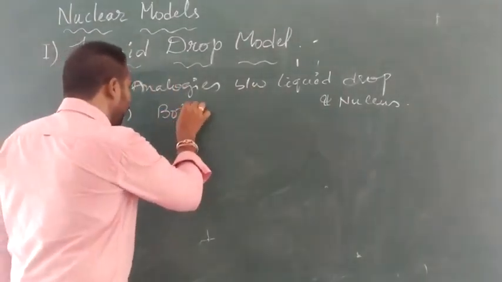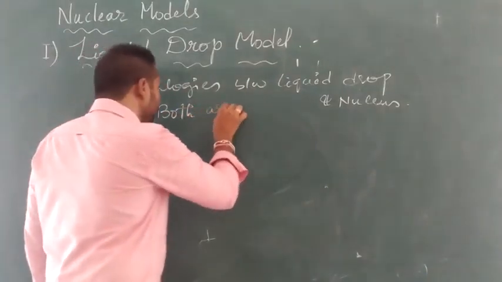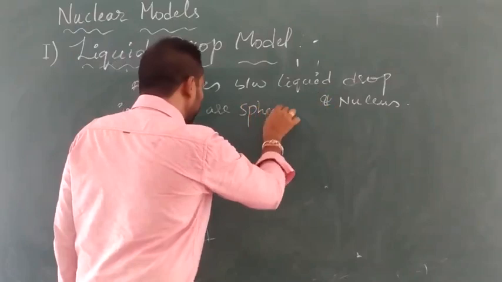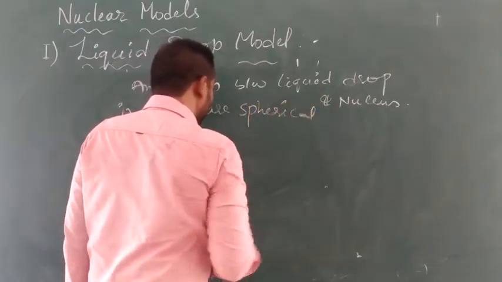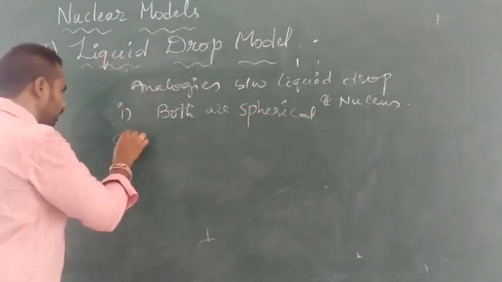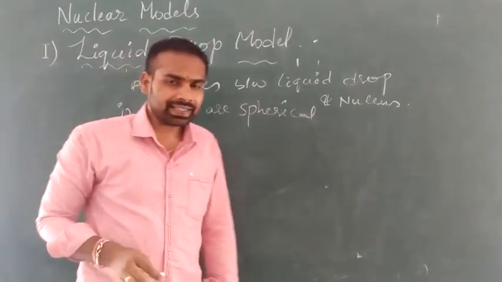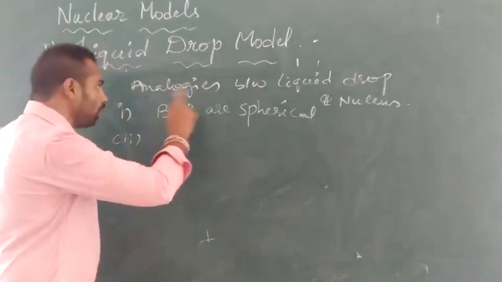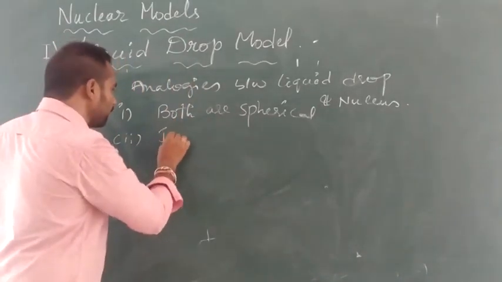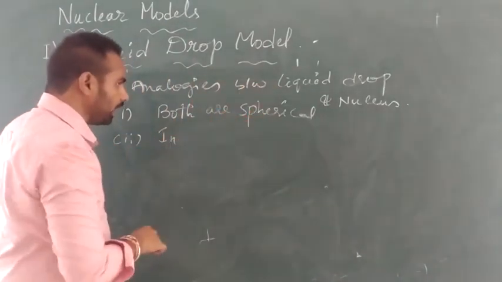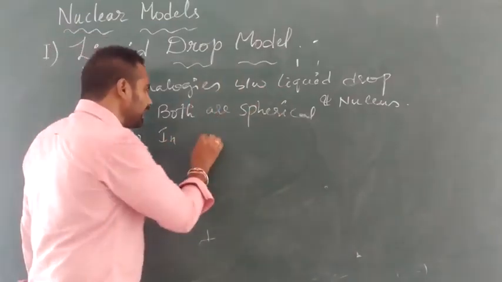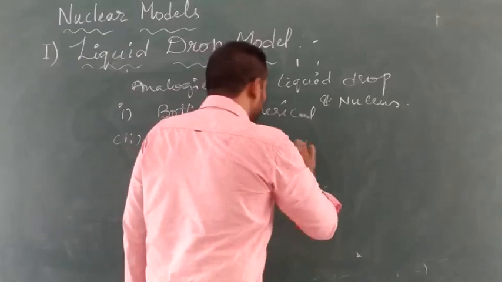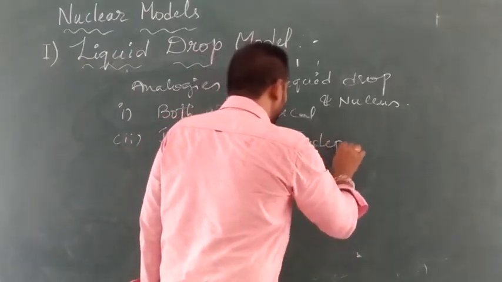The liquid drop and the nucleus are both spherical. Second point: in both cases, the density is independent of the volume. In the liquid drop and in the nucleus, the density is independent of volume.